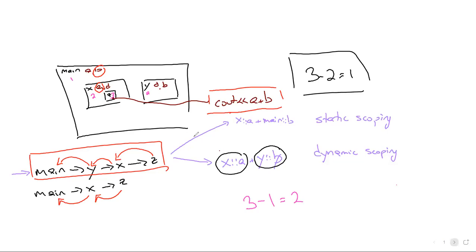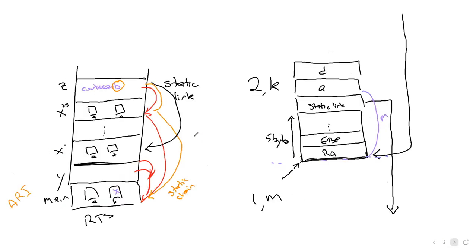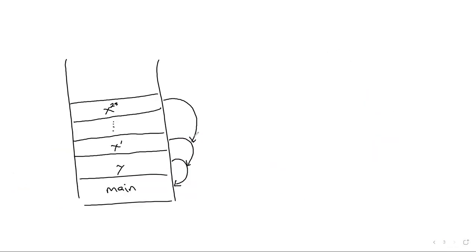Now we are looking at z, and we ask ourselves, what is the difference between the nesting of the calling function, which is x, and the nesting of the parent of the called function, which is also x, right?